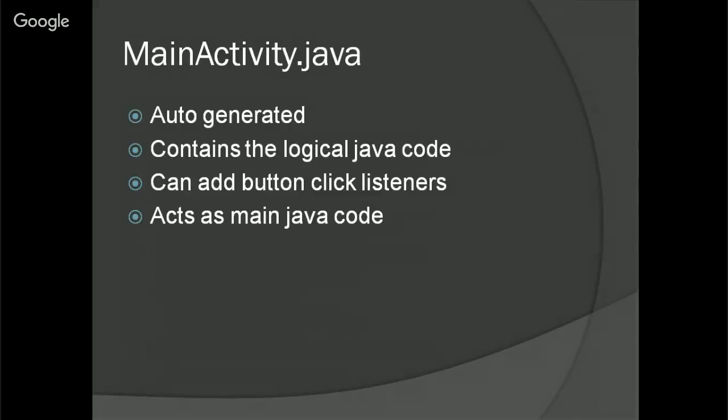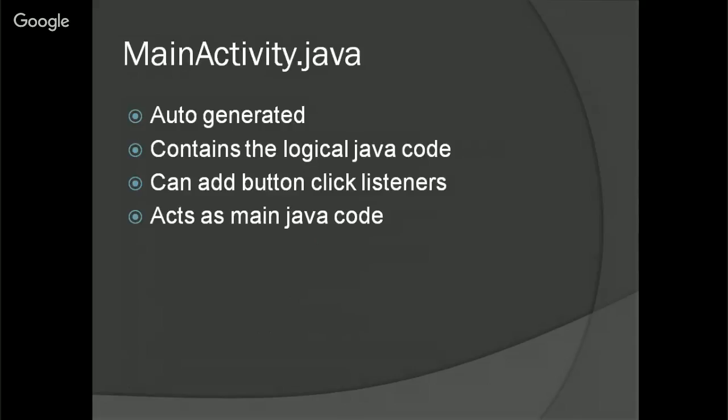I mean to say, your UI should have some starting point, or your project should have some starting point, which will be determined with the help of main activity.java. It is also automatically created with the help of your IDE.